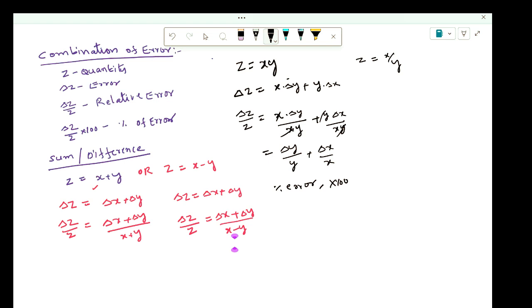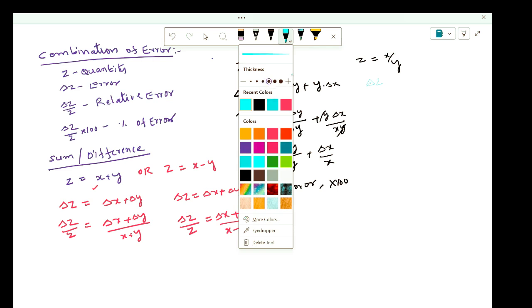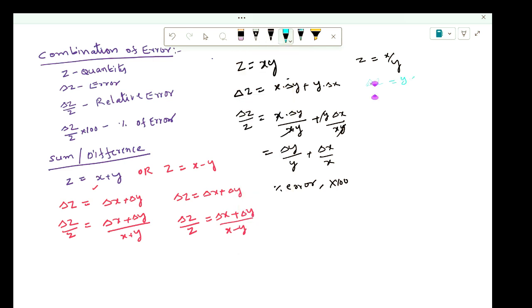Coming to division, division will follow similarly. For example, z is x by y. Then dz is equal to y into dx, and here, according to the formula, a minus has to come, but we'll go with plus only because error should be measured in plus only. Then x into dy by y square. In the derivative of a division a minus has to come, but since we are measuring errors, we will take it as positive only.